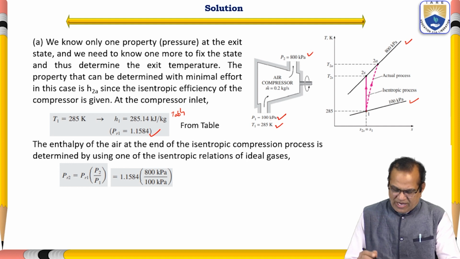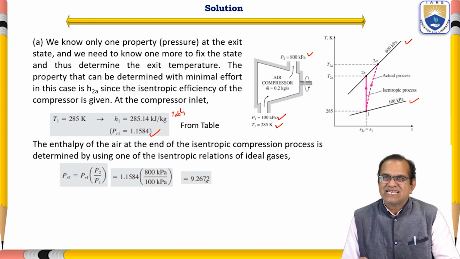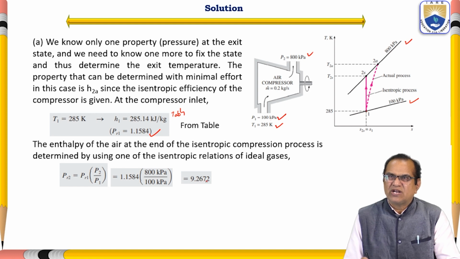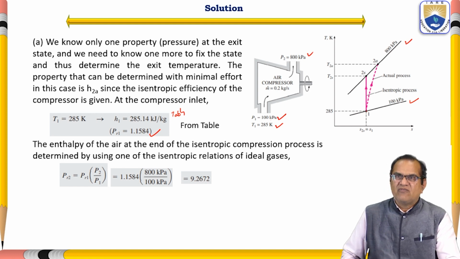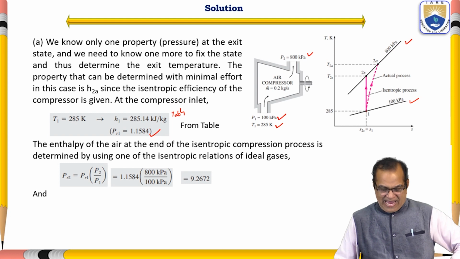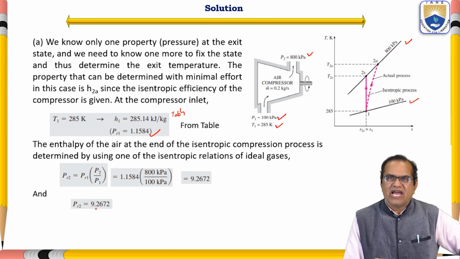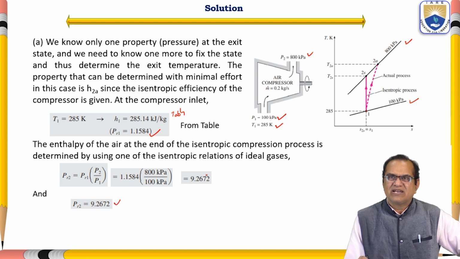So we can put these in, and we will get PR2 equal to 9.2672 for the reversible case.